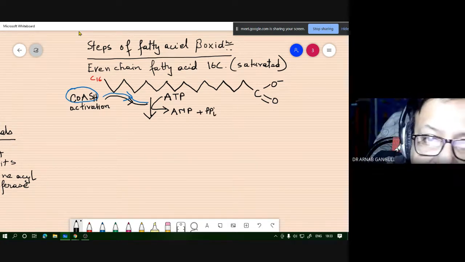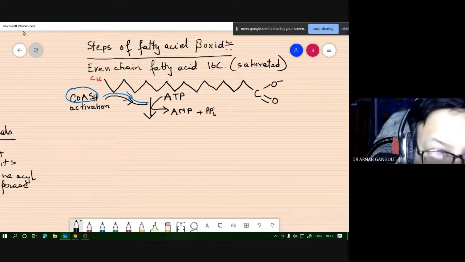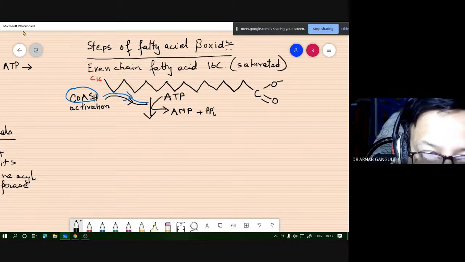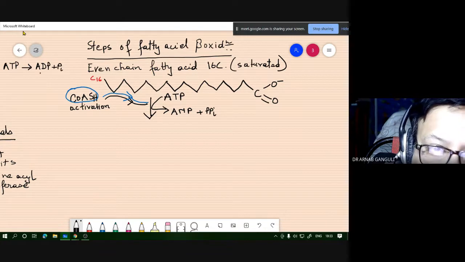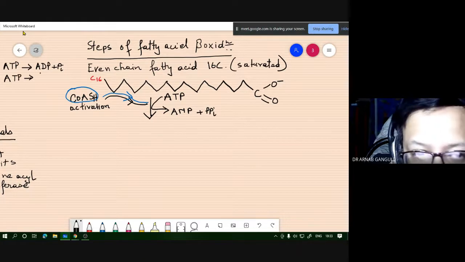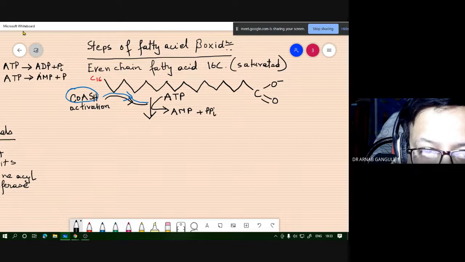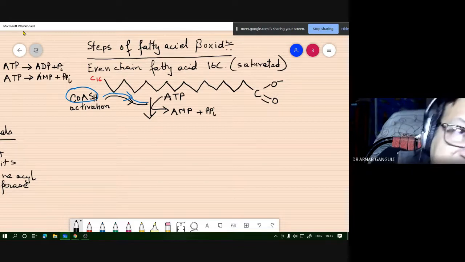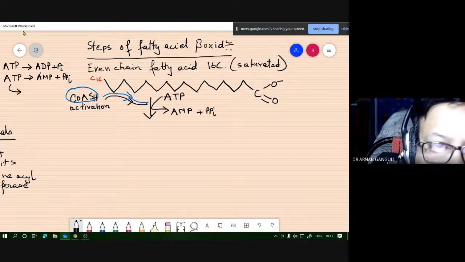Normally, we know that ATP hydrolyzes to ADP plus Pi, but when ATP is hydrolyzed into monophosphate, that means two phosphates are coming out.